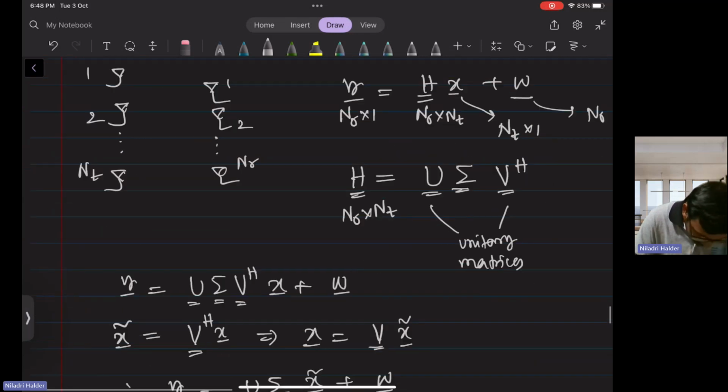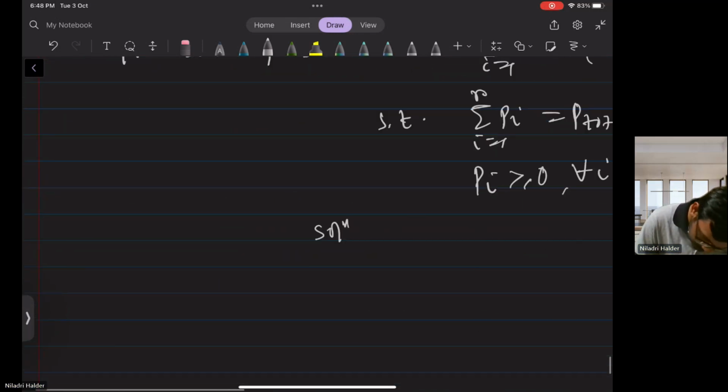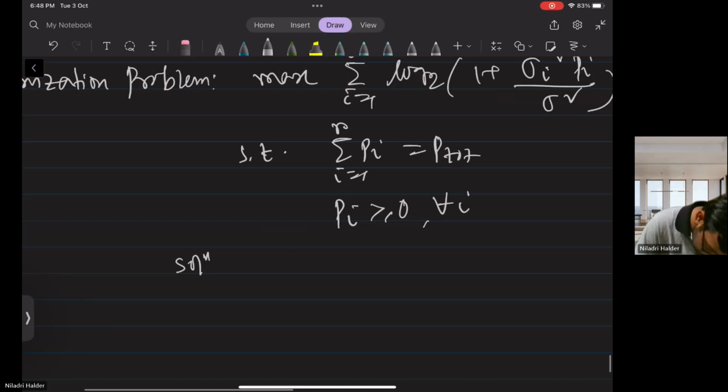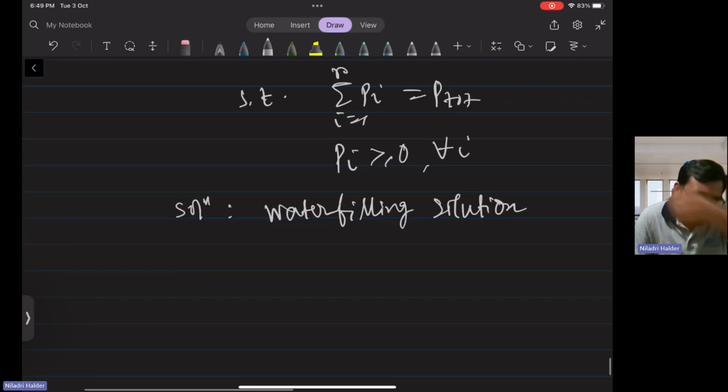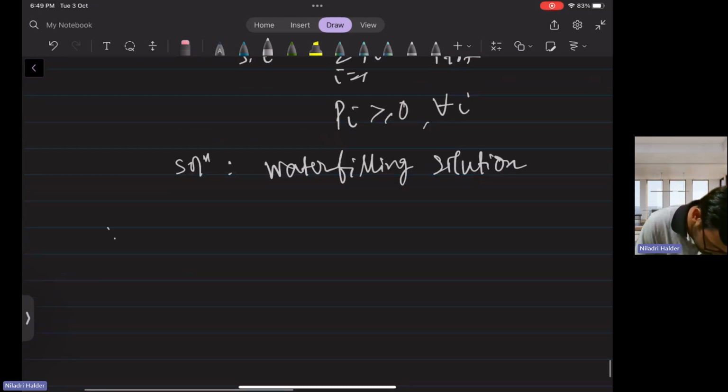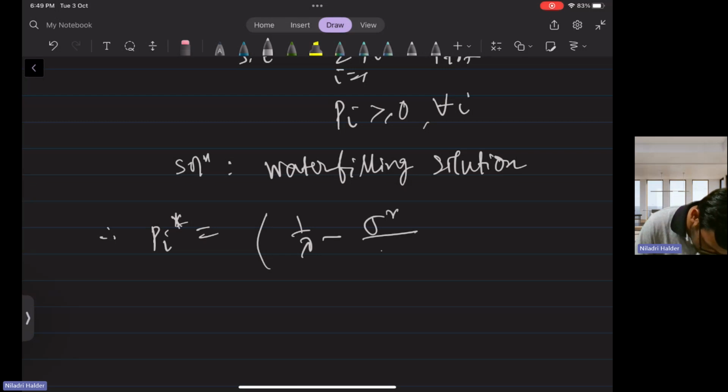So the water filling solution. So the optimal power Pi star is equal to 1 by lambda minus sigma square by sigma I square, plus.